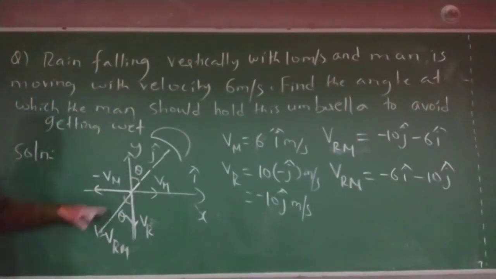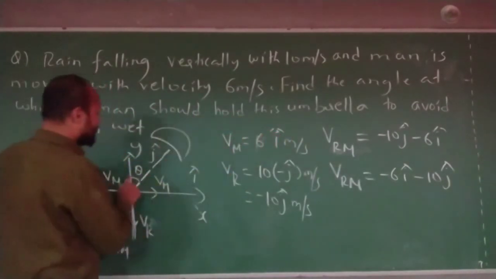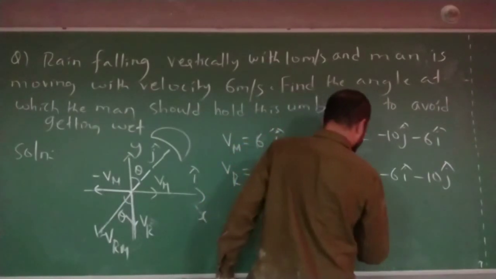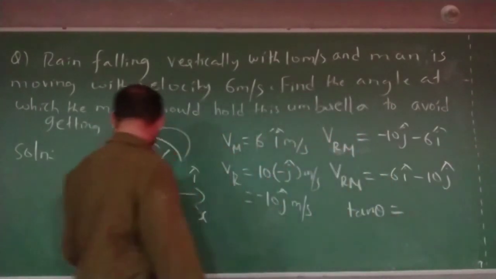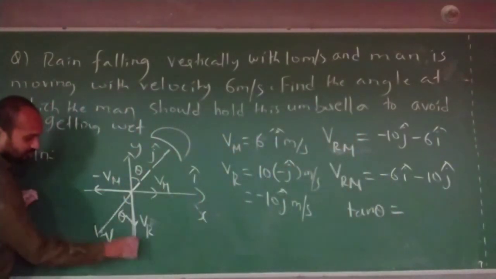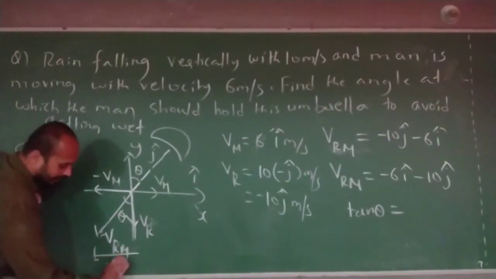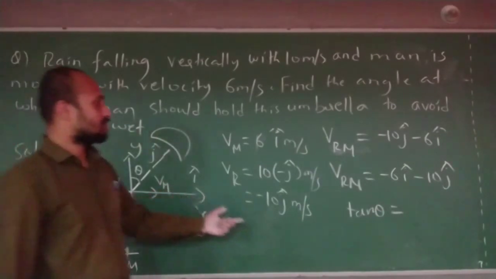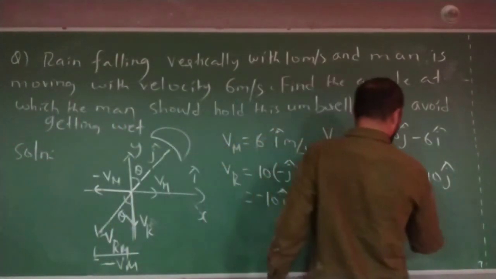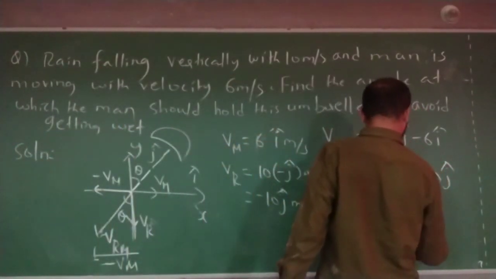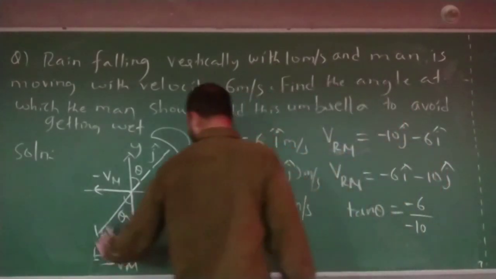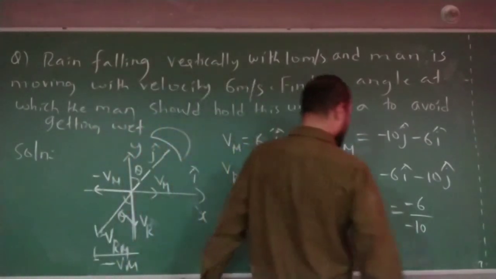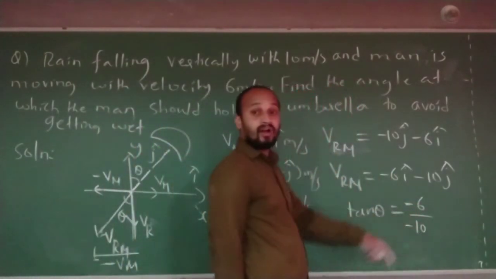I can write the angle he must make with the vertical, theta is how much? Here, tan theta can be written as opposite by base. If this is minus Vm, this also will become minus Vm. So minus Vm is how much? Minus 6 divided by minus 10. This will be Vr. So only values I am taking, not directions.